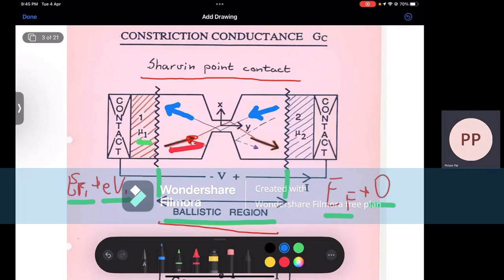So there are processes where you go across this way, across the other way, and you can also backscatter. And if we want to calculate the current, we need to count all the processes. That's how transport calculations work, right? And we have already done some of these calculations, for example for the Drude model.